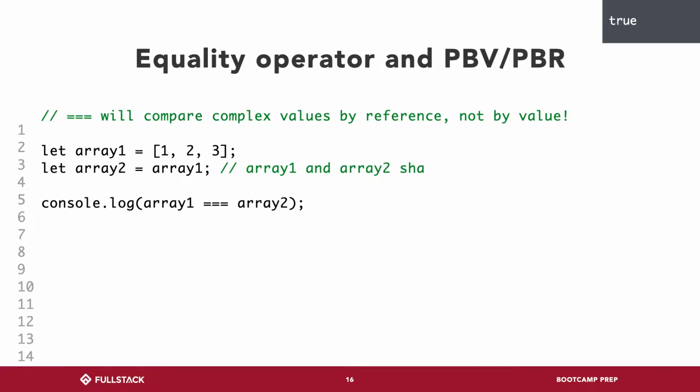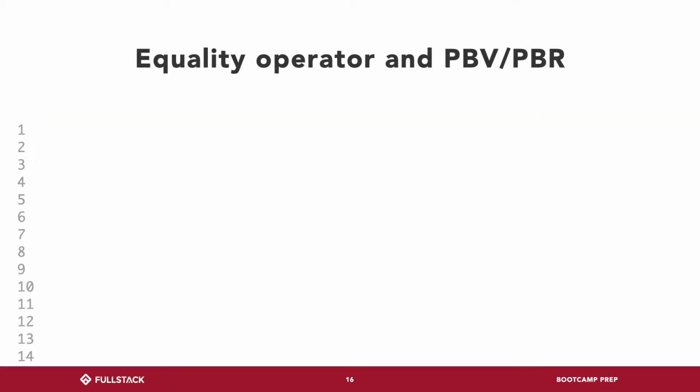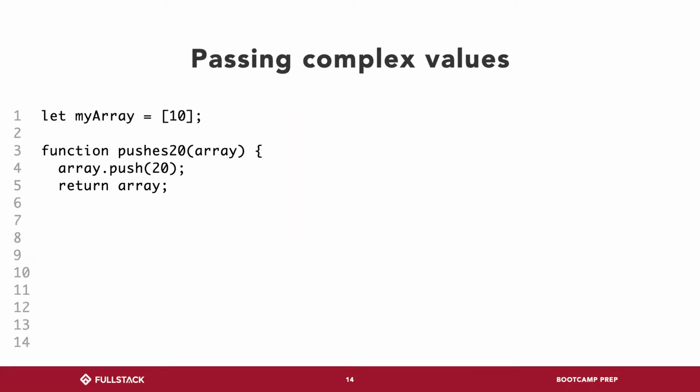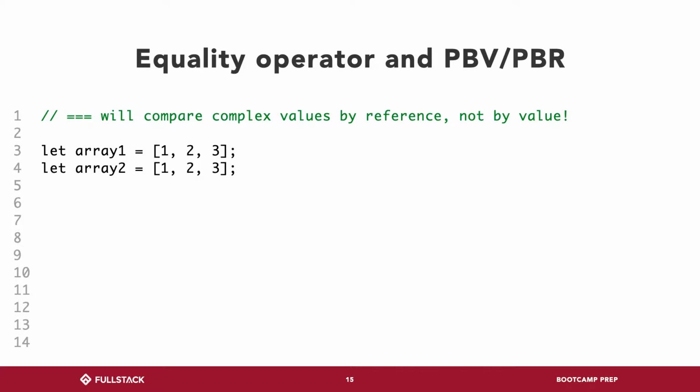Triple equals checks by reference. Double equals does not check by reference. If you went back to this slide and you did double equals, this would be true, I think.